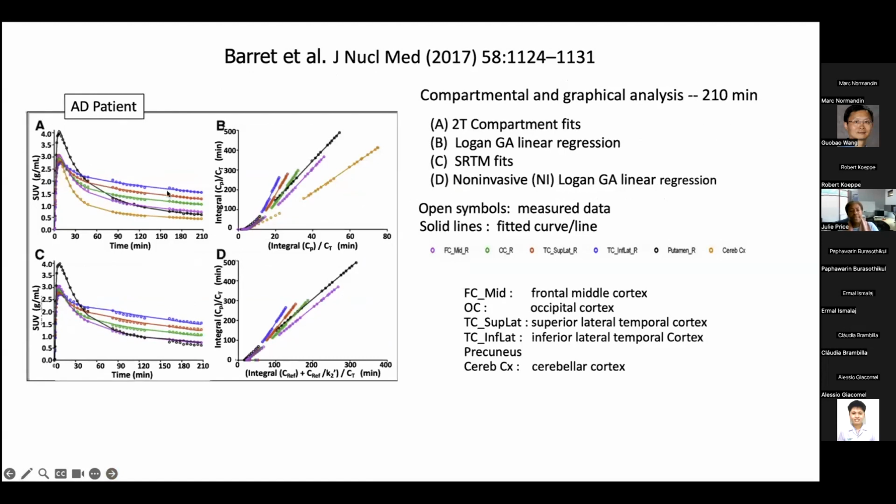This is an example of 2-compartment fits, the Logan graphical, linear regression, and the simplified reference tissue fits, and you can see differences in fitting of the dynamic data between the two-tissue and the reference tissue. And then this is the non-invasive Logan fit. The linearity was established, but you can see it's more of a restricted dynamic range for the non-invasive Logan.